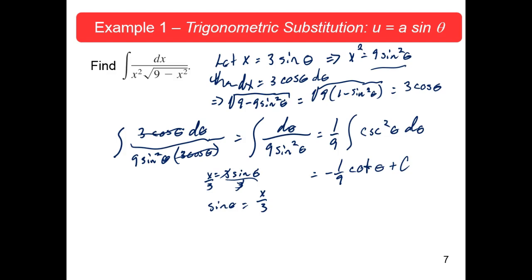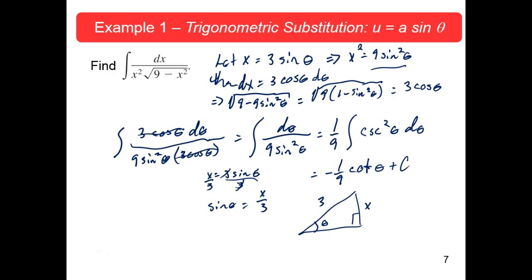Okay, what is it? Absolutely. So let's draw a little right triangle down here. It doesn't have to be very accurate, it just needs to have a right angle. Let this be our theta, and the opposite side is x, and the hypotenuse is 3. That would represent sine theta being x over 3, right?